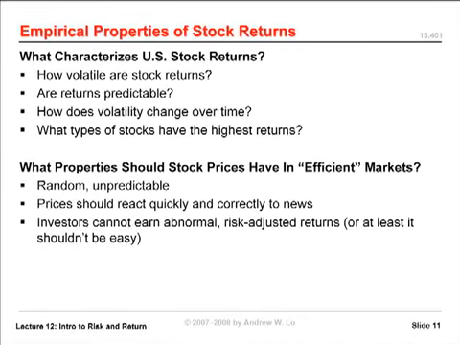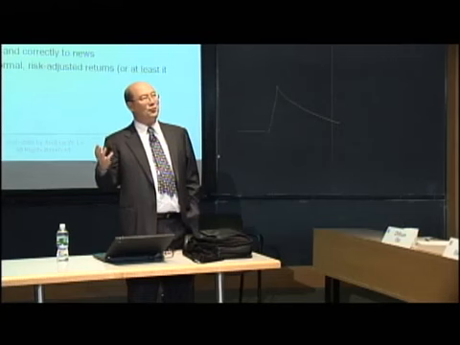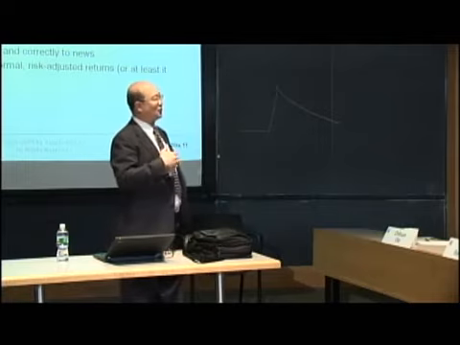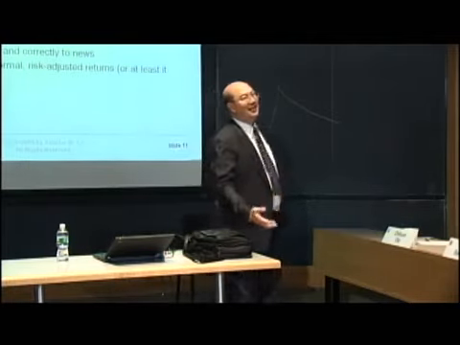The first is that stock market prices are random and unpredictable. Now, that might seem a little counterintuitive. Certainly, you would acknowledge that over the last several weeks, markets have been supremely unpredictable, and that doesn't feel so good. It doesn't seem like that's a good thing.